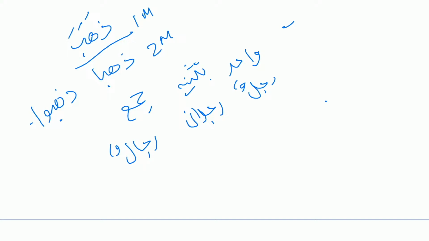So this is fa'il. But the fa'il is not multiplying. The ism is the one multiplying. So the fa'il is only one, which is done here by one man, done here by two men, and here by many men. So the fa'il never multiplies in Arabic. Fa'il is always one.